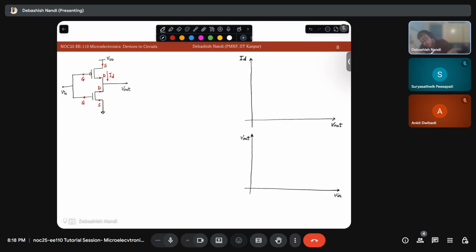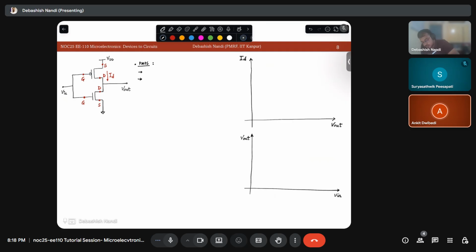Okay, so let's start. First thing, for PMOS: what are the two voltages we need to know to get what region it operates in? Which two voltage statuses should we know?